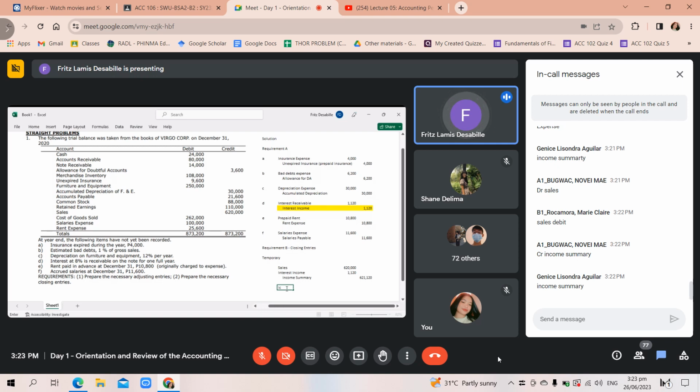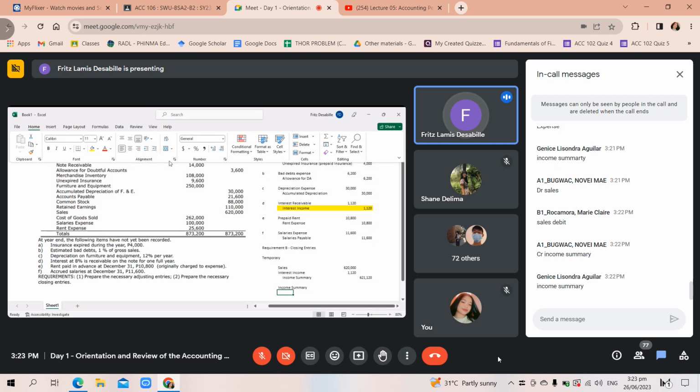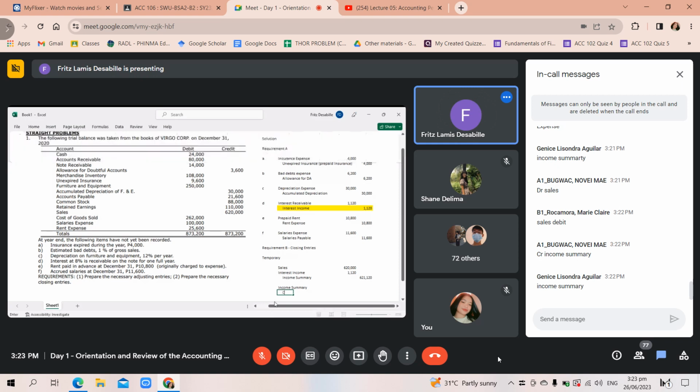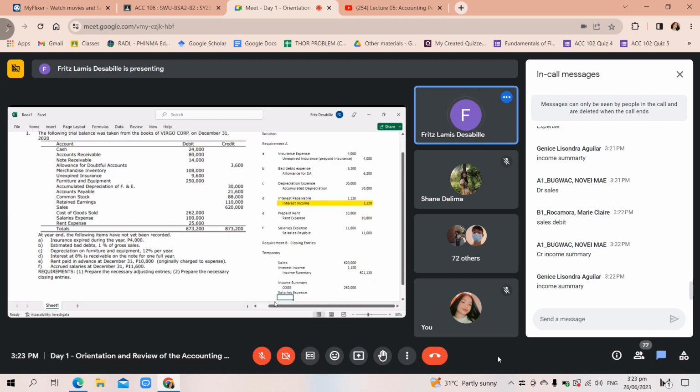So debit income summary, we don't yet know how much. But let's lay out these expenses. First is cost of goods sold, 262,000. Next is salaries expense. How much is the salaries expense? That is 111,600.